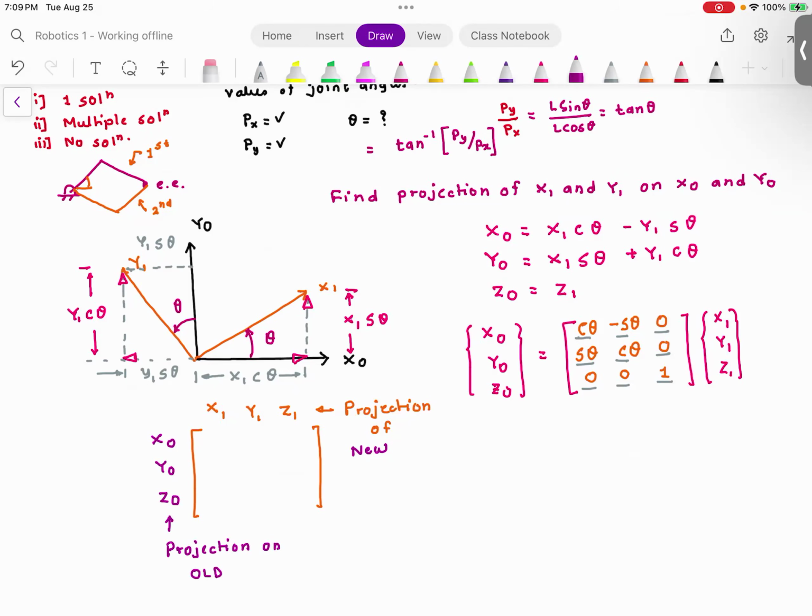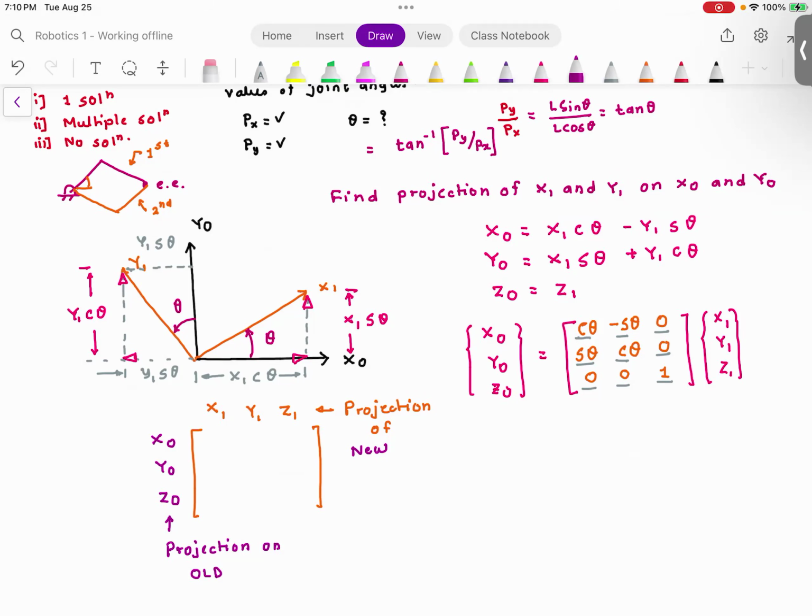Now I want everyone to pay attention. This type of structure you will see again and again when you solve forward kinematics problems. Because please try to understand, as you keep on adding links, you are going to have maybe frame x2, y2, z2.